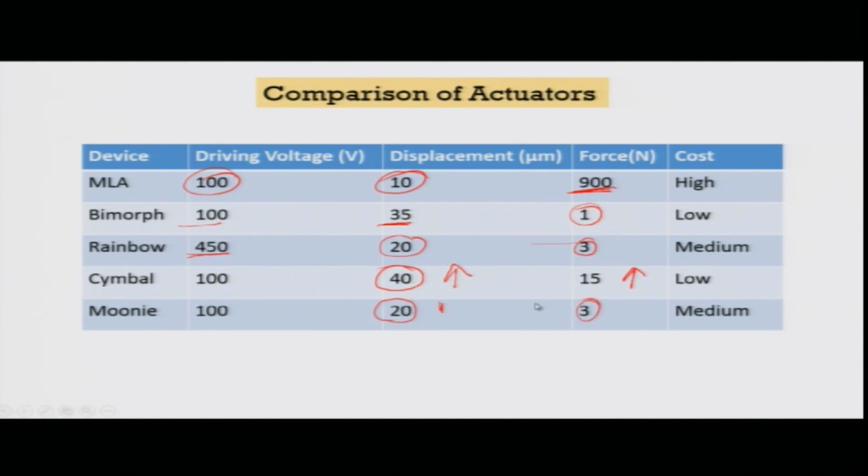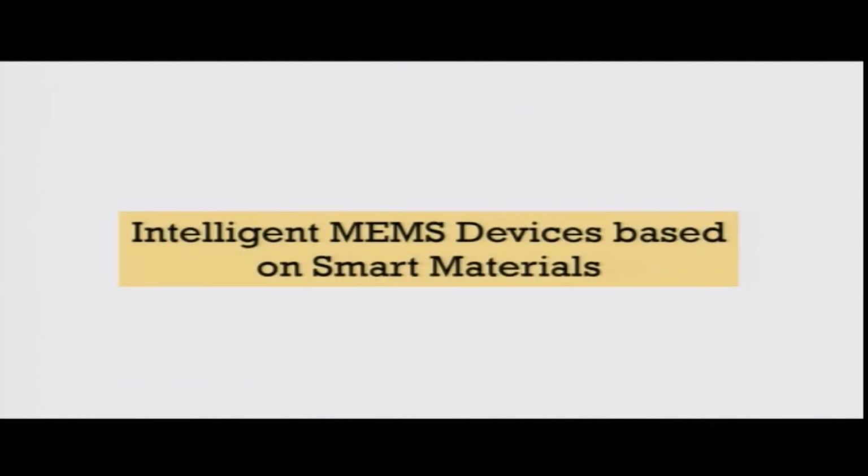So, from many points of view, you may say that Cymbal is a better configuration and its cost is also low. That is why Cymbal is very popular among these types of actuators.